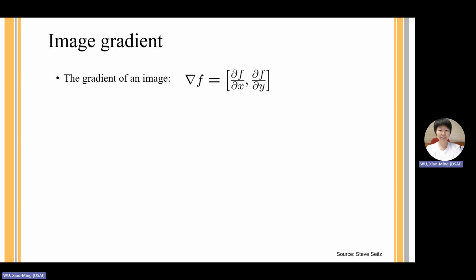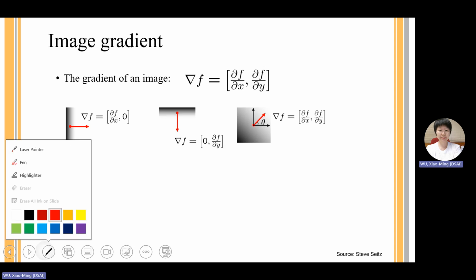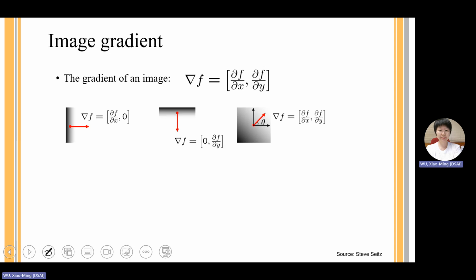For the first image, the function value increases most rapidly horizontally, because vertically there's no change of function value. For the second image, the function value increases most rapidly along the vertical direction, whereas along the horizontal direction there's no change.